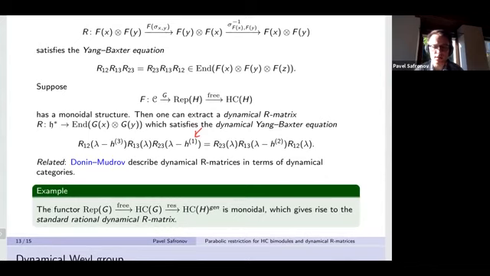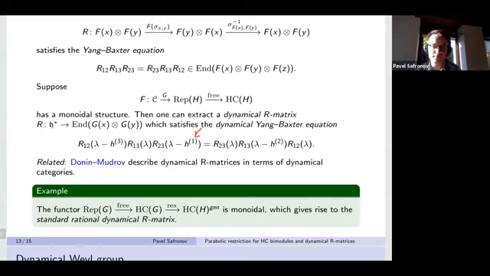And this is related to how Donin and Mudrov described dynamical R-matrices, except they have a slightly more complicated description in terms of so-called dynamical extensions of categories.